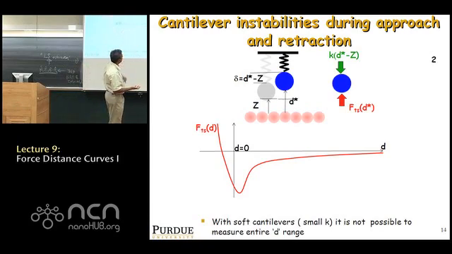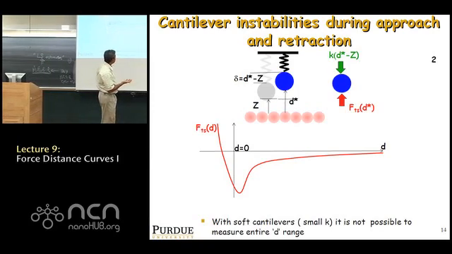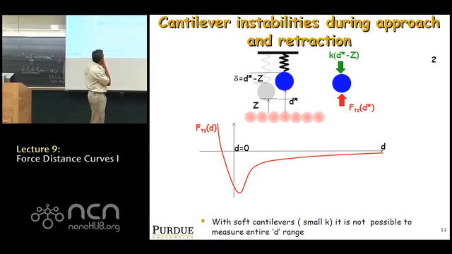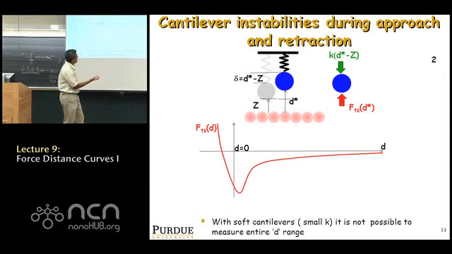What you have is a force from the bottom, FTS(D), and what you have on the top is the restoring force from the cantilever. So the spring is getting compressed by an amount delta, which is D star minus Z. So when you change Z, the gap that the system settles to, D, is going to be decided by the equilibrium of these two forces, okay?